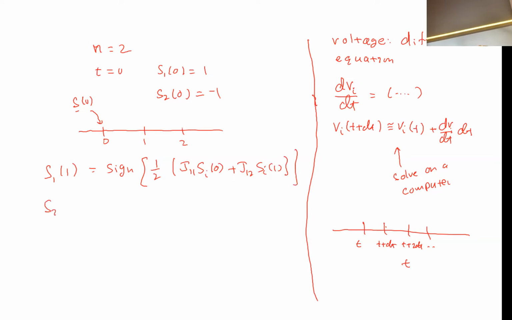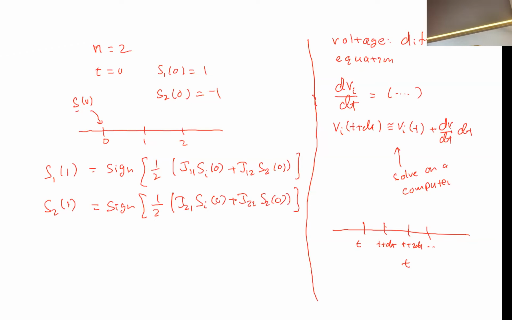And S2 at time 1 is sign of 1/2, the 1/2 is just because N equals 2, of J21 S_1 of 0 plus J22 S_2 of 0. Sorry, I completely wrote that wrong.